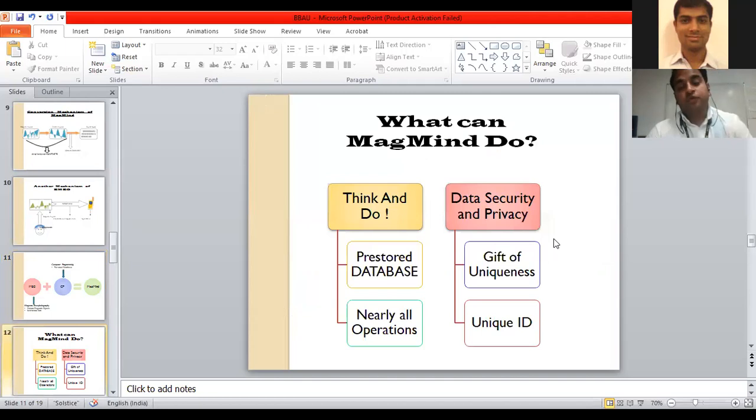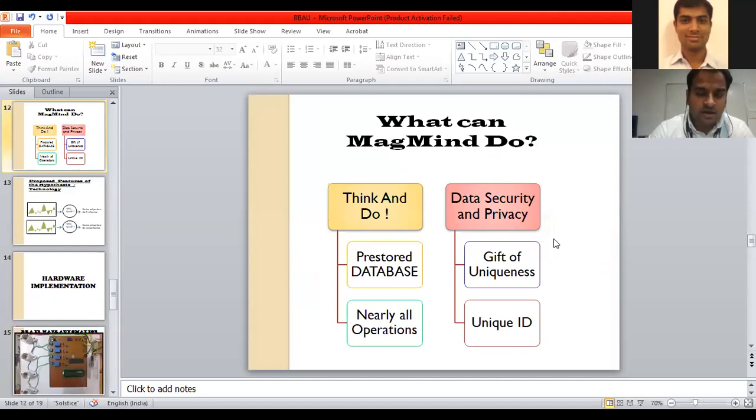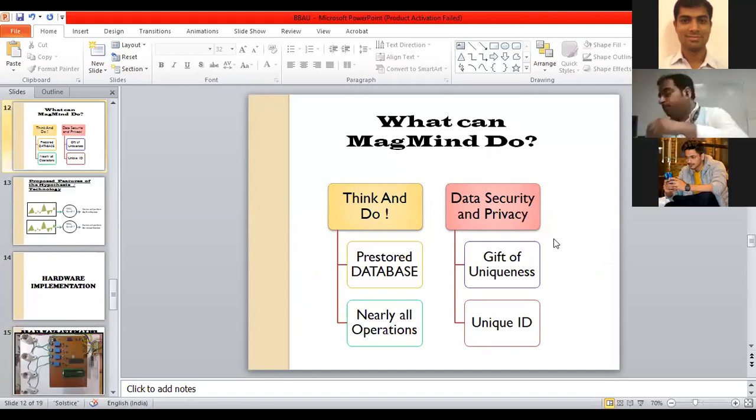So we have to go through what this system can do. We have already explained that we just have to think and the task can be performed. But there are also other aspects of this framework of technology, privacy. Why? I want to share something important.